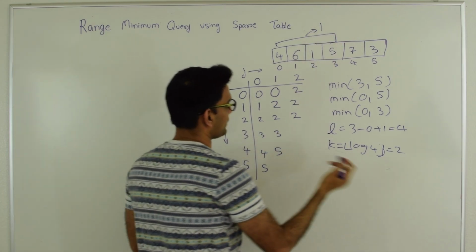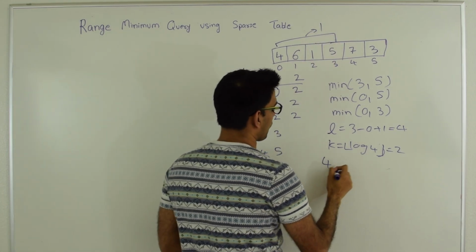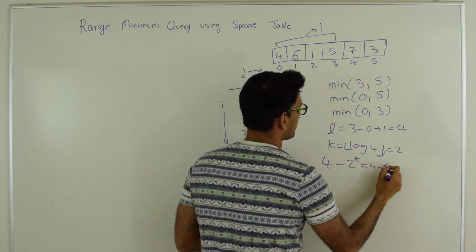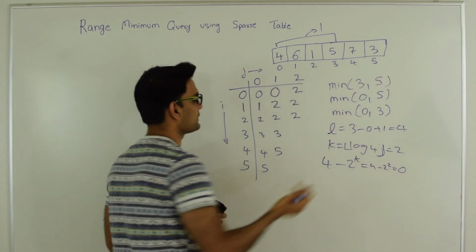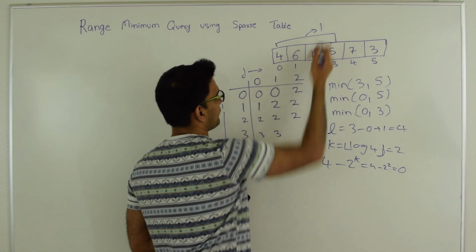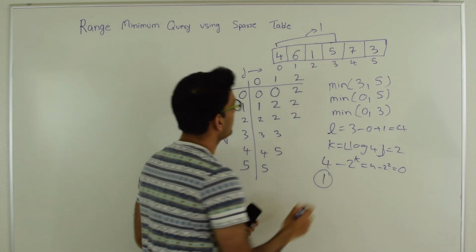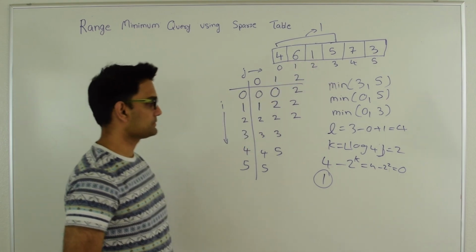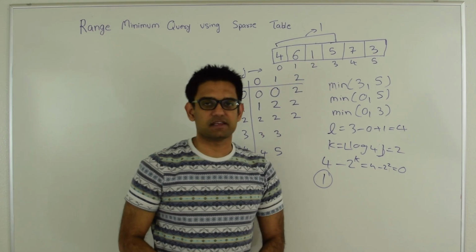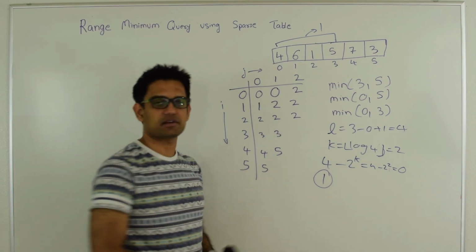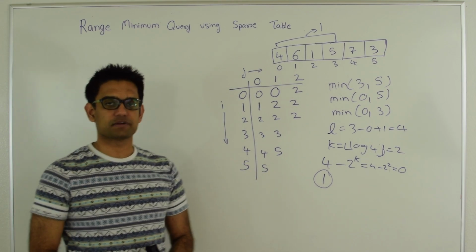And then how many elements are we left with? So 4 minus 2 raised to k, which is 4 minus 2 raised to 2, which is 0. So we are left with 0 elements. It means that we found the answer we are looking for, and 1 is the answer for minimum between 0 to 3. So as you can see, if we have this table built efficiently, we can do a query in constant time.